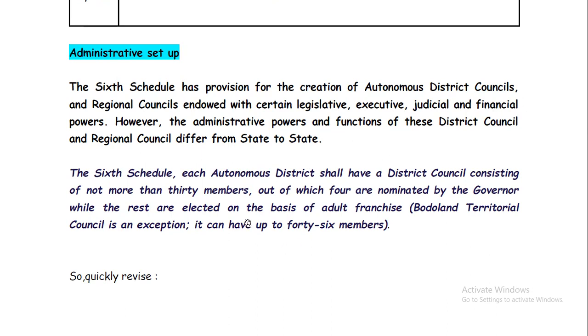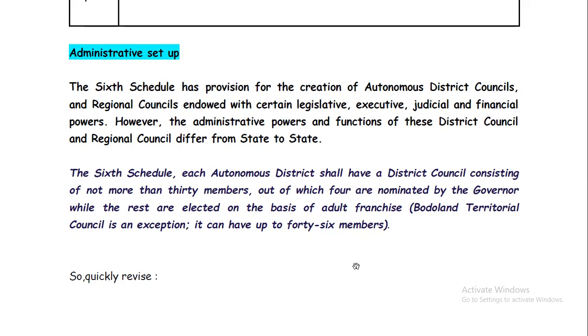Under the sixth schedule, each autonomous district shall have a district council consisting of not more than 30 members, out of which 4 are nominated by the governor, and the rest are elected on the basis of adult franchise. Bodoland Territorial Council in this case is an exception.